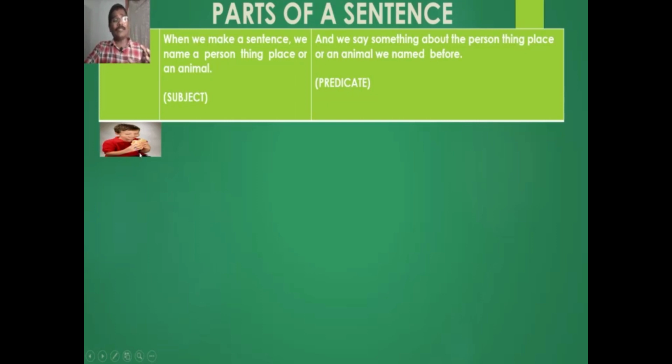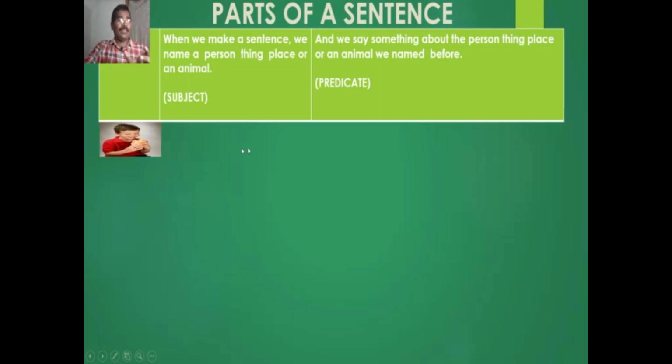In that pic, whatever you observe and whatever you want to speak about, you can name it. Suppose you want to speak about the boy, you can name him as the boy. If you want to speak about the thing he is eating, you can name it the pizza or the burger, however you want to name it. Or if you want to speak about the shirt he is wearing, you can name the shirt.